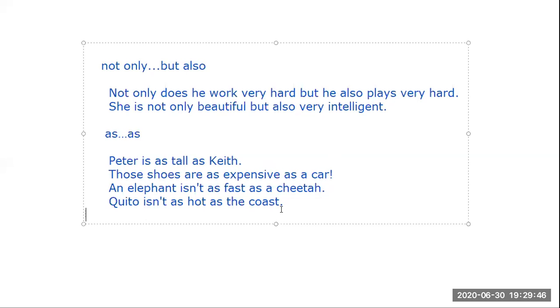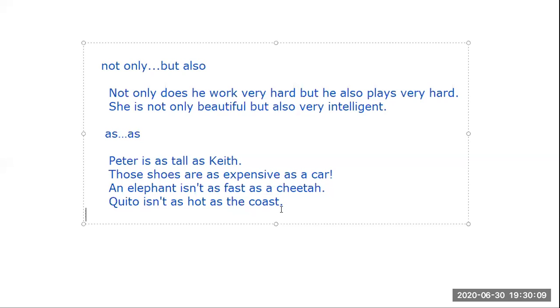That's a basic overview. Does anyone have any questions about not only but also, or as? Yeah, teacher, in the middle of the two as, we have to put an adjective. An adjective, yes.